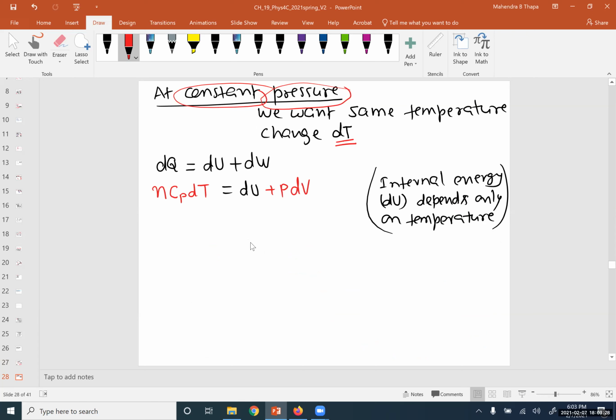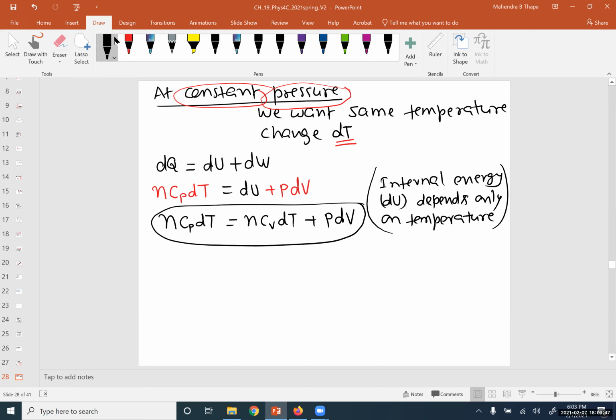So I can write this as n Cp dT equals n Cv dT plus p dV. Let's say this is equation 1. Our goal is to solve this to find the relation.